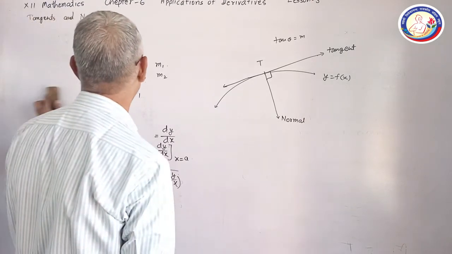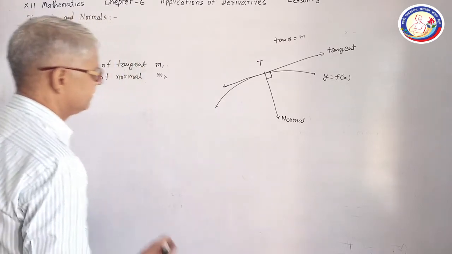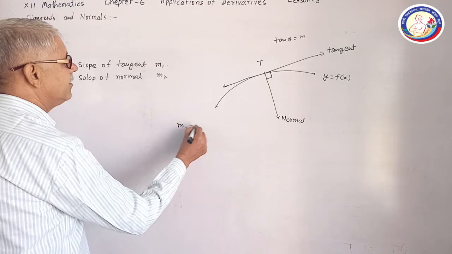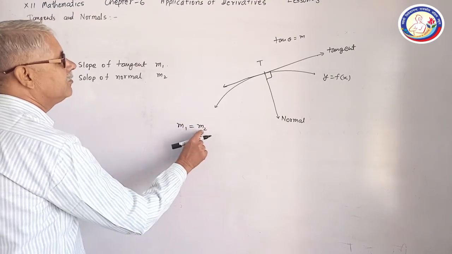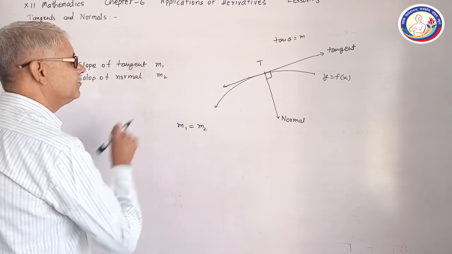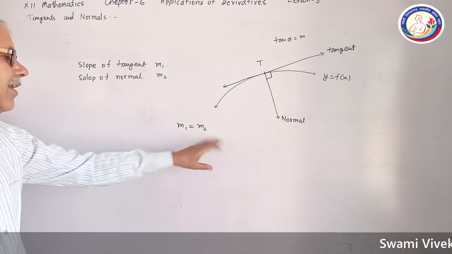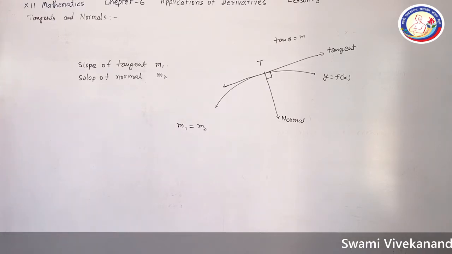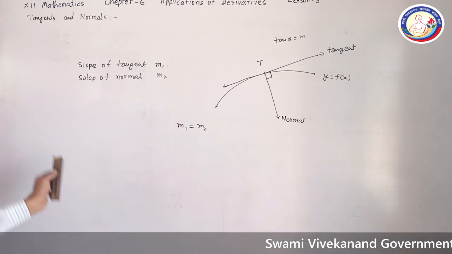And if two lines are parallel, then the slopes are equal. M1 equal to M2 for two lines, where M1 is the slope of one line and M2 is the slope of the second line. If these lines are parallel, it means they are making equal angles with the x-axis, so their slopes will be equal.